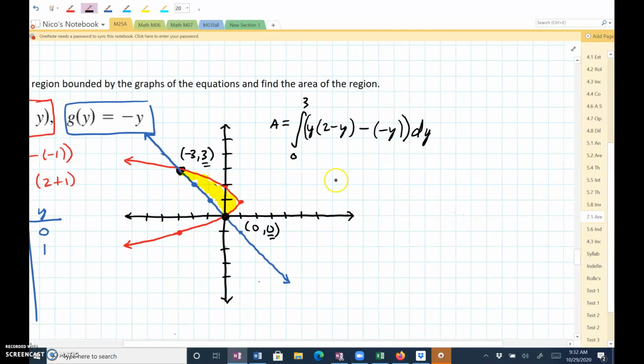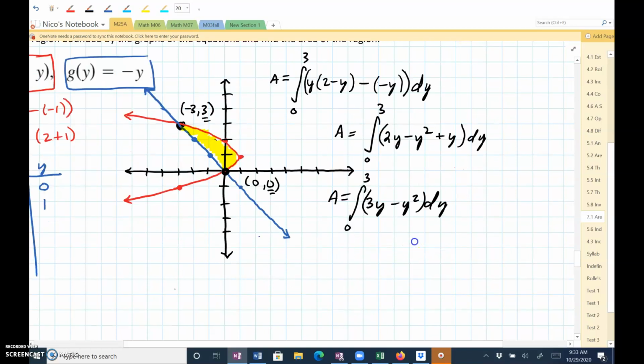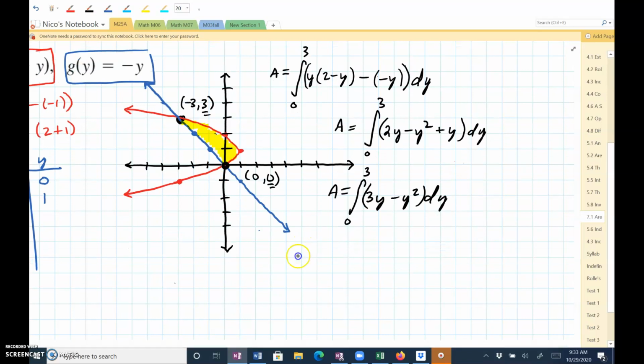And now to solve this, the integral from 0 to 3, this is going to be 2y minus y squared plus y dy. And then I can make this 3y minus y squared dy. And now I can do the antiderivative.